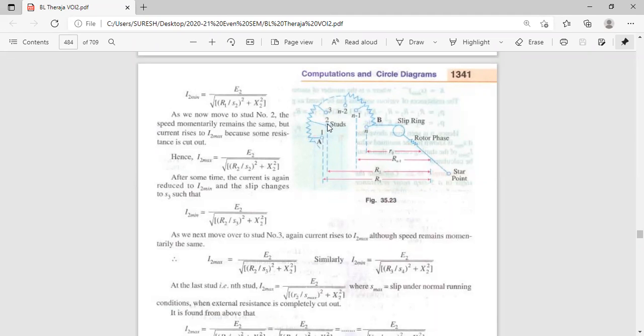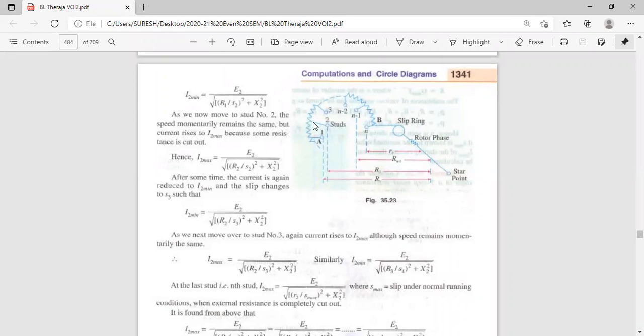So when the switch is in position 1, this is the entering point and this is the leaving point. Now when the switch is moved to position 2, the leaving point becomes the entering point. That means the leaving current is equal to the entering current when the switch is moved from 1 to 2. Have you understood this point? Is it clear?